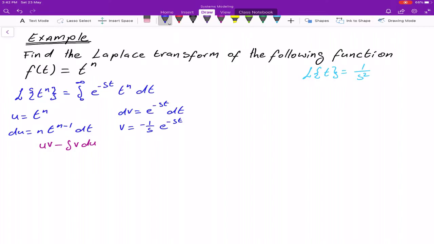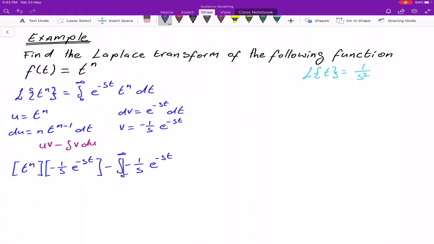We can substitute our terms. We chose u to be t to the n, so we have t to the n times v, which is minus 1 over s e to the minus st, minus the integral between 0 and infinity of v, again negative 1 over s e to the minus st, times du.